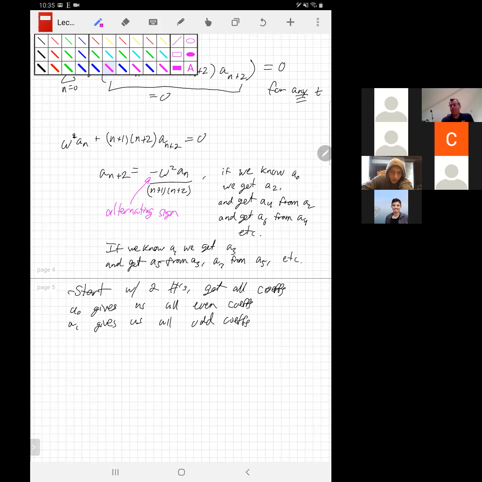And likewise, if a1 is positive, a3 is going to be negative. And if a3 is negative, a5 is going to be positive. So it's alternating sign. So let's say a0 equals 1. Then a2 is negative omega squared over, let's see here, n is 0, n plus 2 is 2, and n plus 1 is 1.